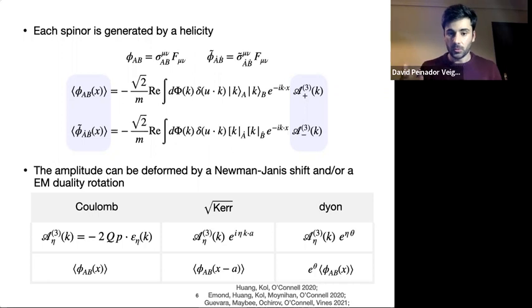Of course, you can do these two transformations at the same time to get something like a spinning dyon. And let me also mention that this web of classical solutions in electromagnetism and their relation to the double copy have been explored in these 3 papers that I'm listing here.